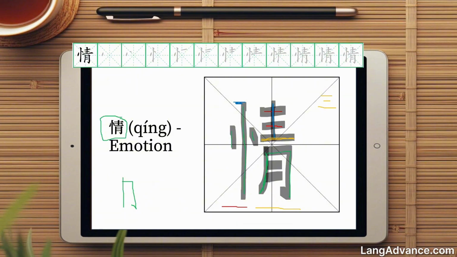And lastly, take note, you do not need to join the lines to our vertical line. You need to allow some space in between. So basically you are doing like this. You leave some space in between.